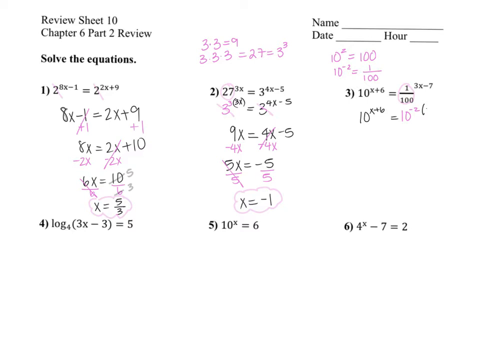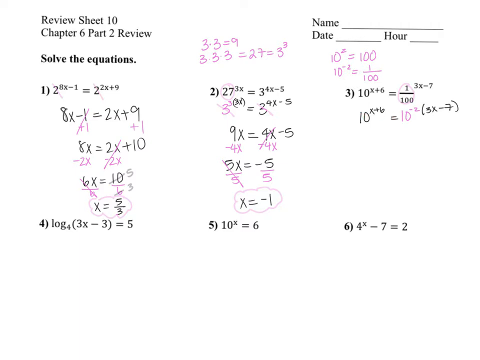But don't forget the exponent that was there before, and I'm going to put it in parentheses, because remember, if you have this new exponent that you're using for this base, this new exponent gets distributed to everything in the old exponent, so it multiplies. All right, so now the bases are the same.